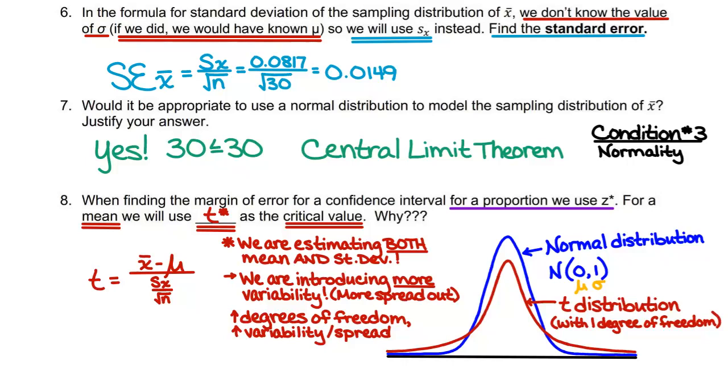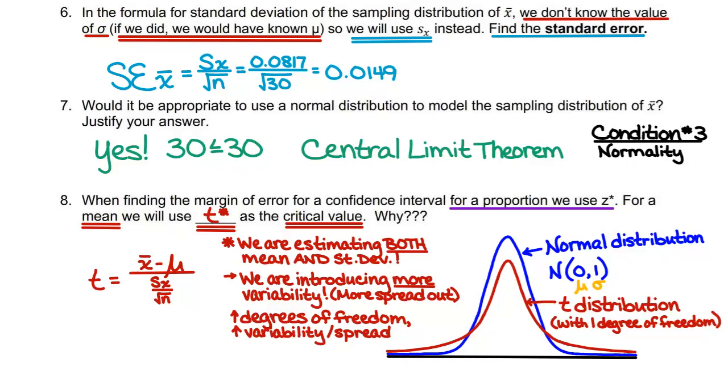What do you think the red graph would look like if there were 0 degrees of freedom? Same. It's going to look like my normal curve. As soon as we start introducing more variability, the graph gets more spread out, and then it still has that same basic bell shape to it, but it's no longer normal. What do you think the t-distribution would look like with, say, 10 degrees of freedom?